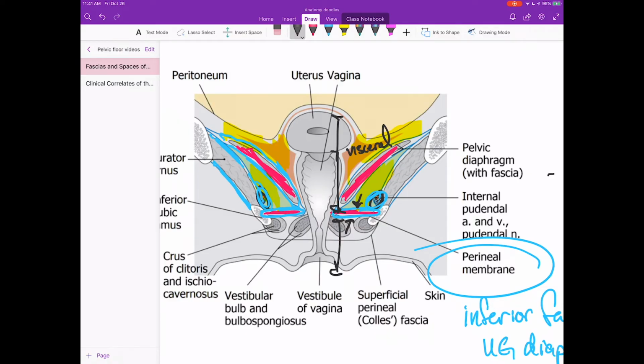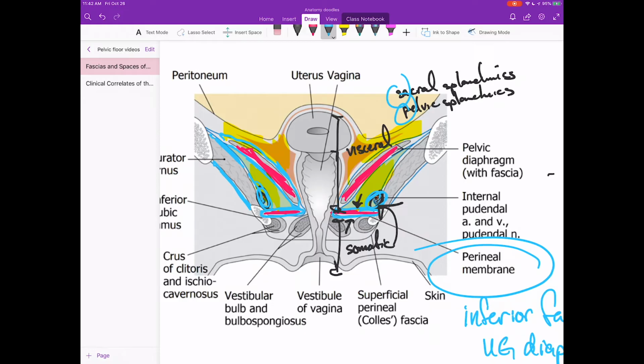Everything that is inferior to the UG diaphragm, including the UG diaphragm, receives somatic innervation. And that somatic innervation is provided by none other than the pudendal nerve. Yay! The visceral innervation comes from the sacral splanchnics and the pelvic splanchnics. Sacral, sympathetic; pelvic, parasympathetic.